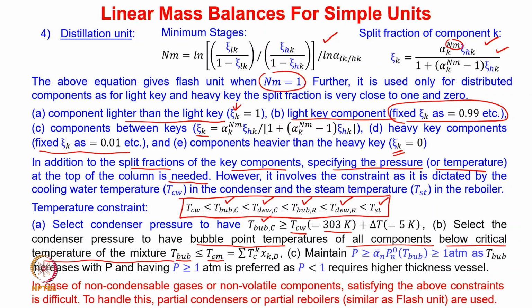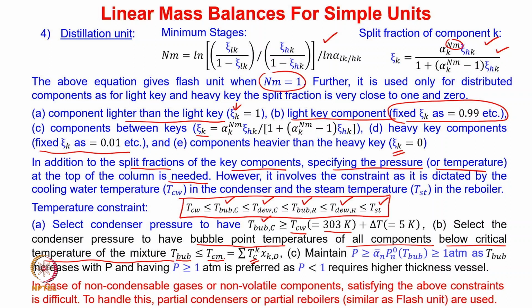The critical temperature of the mixture you can calculate: the critical temperature of each component we can get, and that is multiplied by the corresponding mole fractions. This weighted value is taken as the average critical temperature of the mixture. So the bubble point temperature of each component should be less than this.